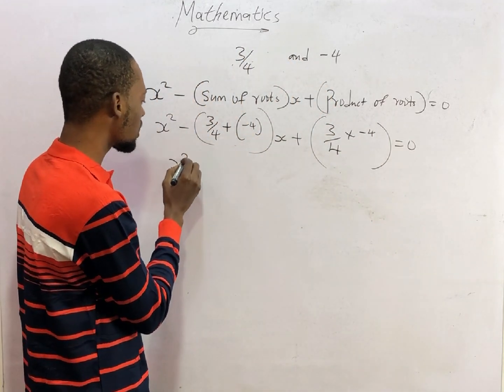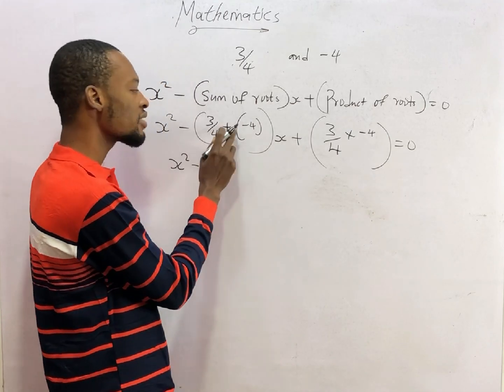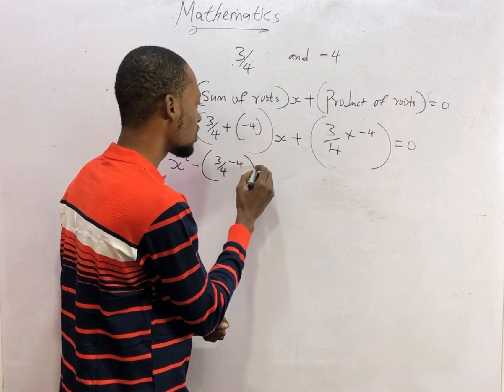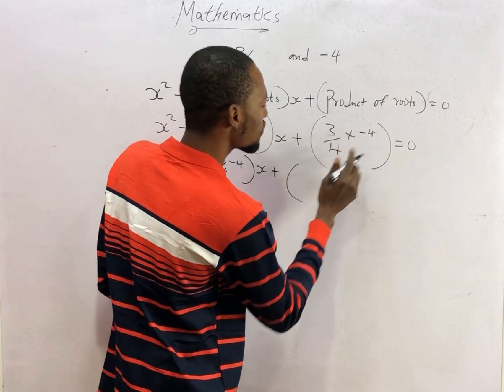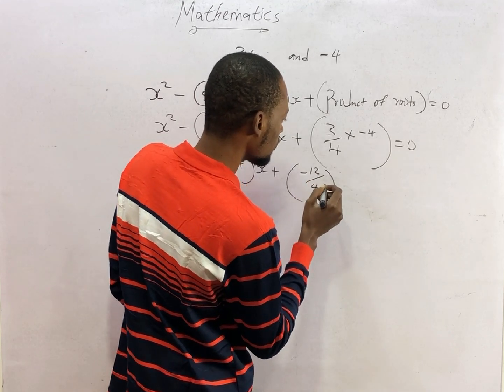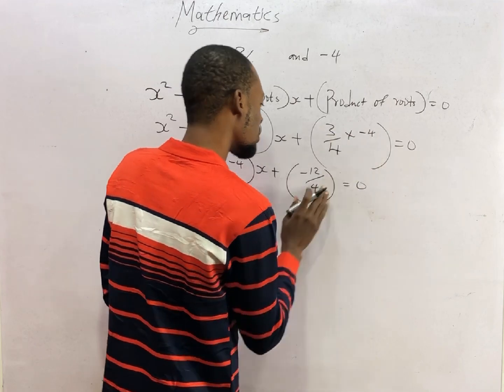This is x squared minus 3 over 4 plus times minus. Minus always wins. Minus 4x plus 3 times minus 4. That is minus 12 over 4 is equals 0. Or 4 can cancel 4 to give you minus 3.